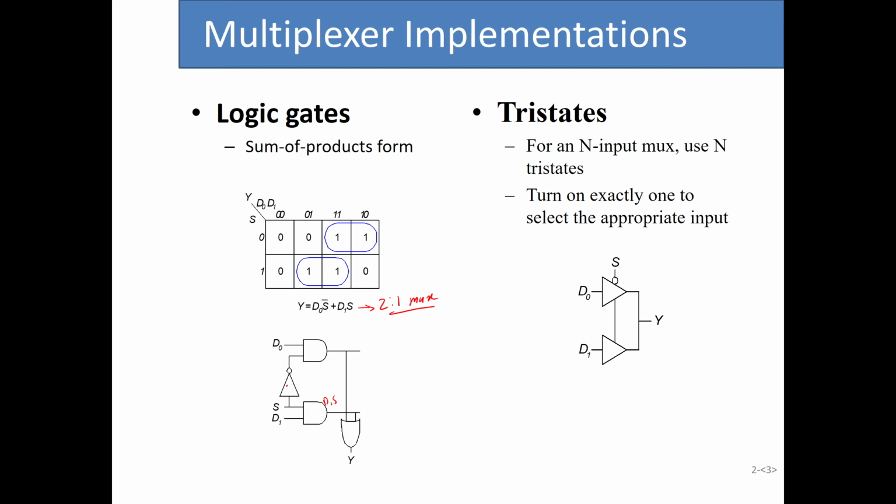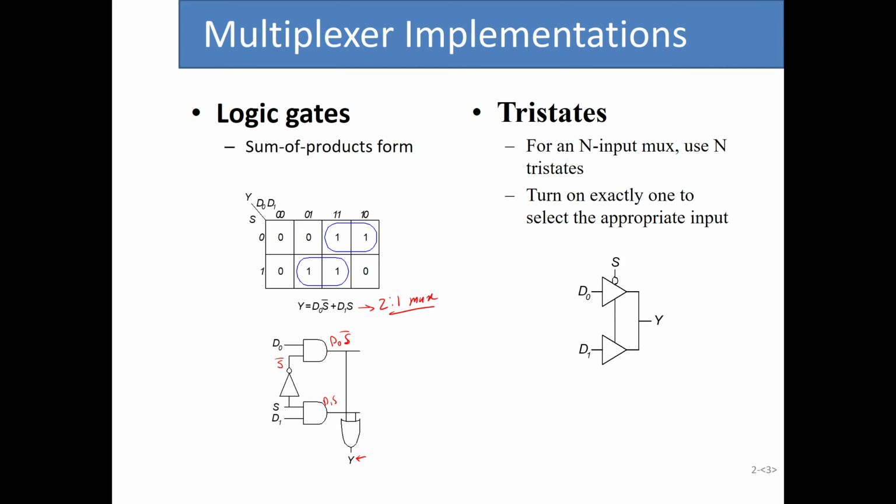We have D0 to be ANDed with S that passed through an inverter. So here we have S bar, and here we have D0 S bar. And then finally we have these two terms that go through a 2-input OR, and then it creates the final function for the 2-to-1 multiplexer.